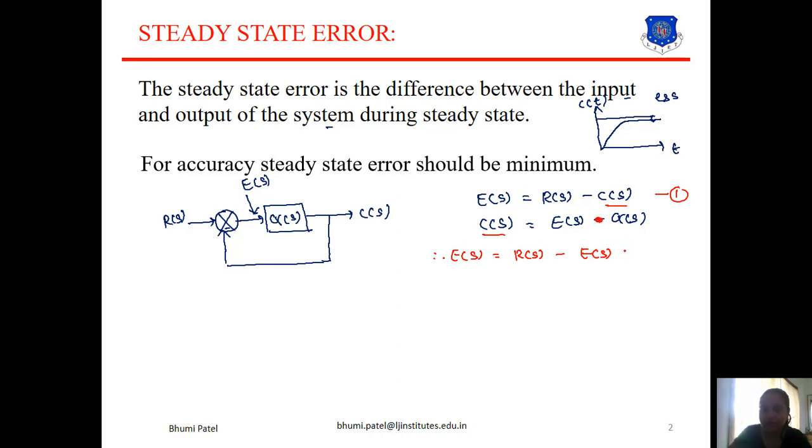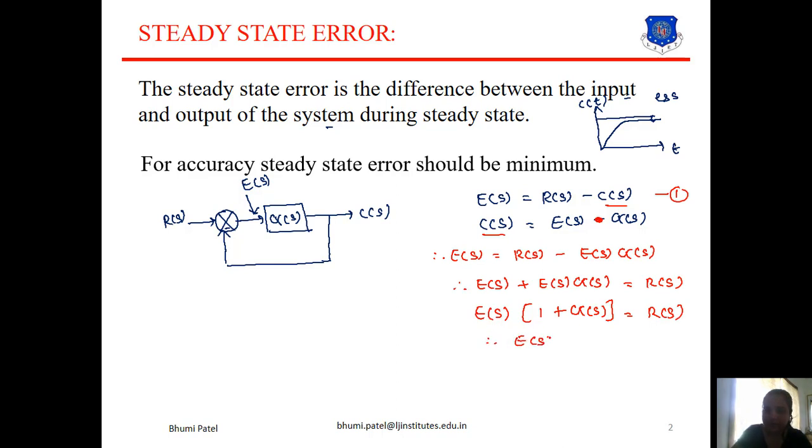So we get E of S plus E of S G of S is equal to R of S. Take E of S as a common term. So in bracket 1 plus G of S is equal to R of S. So we can get E of S is equal to R of S upon 1 plus G of S. Here H of S is the unity signal.